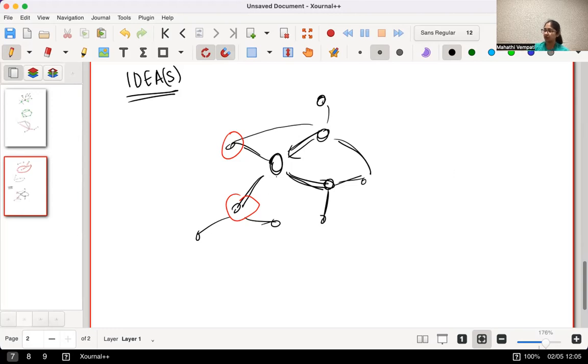Even while doing the DFS, what happens if you come across a node that you've already seen?